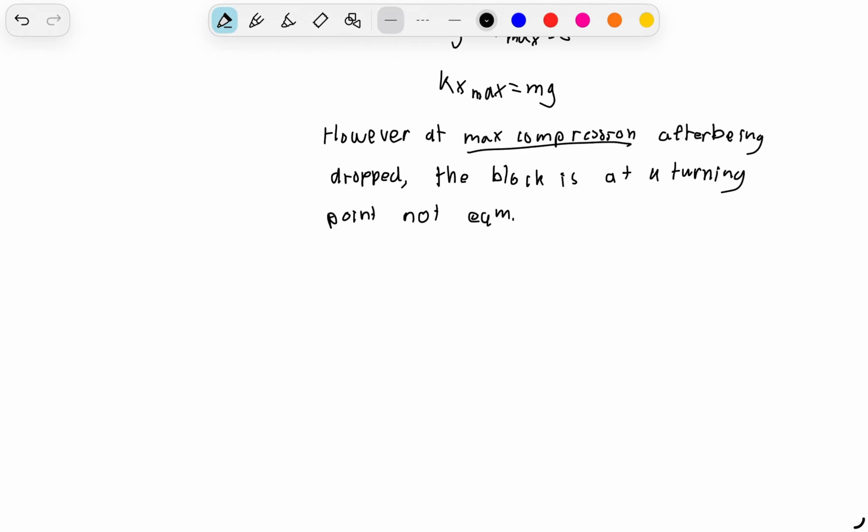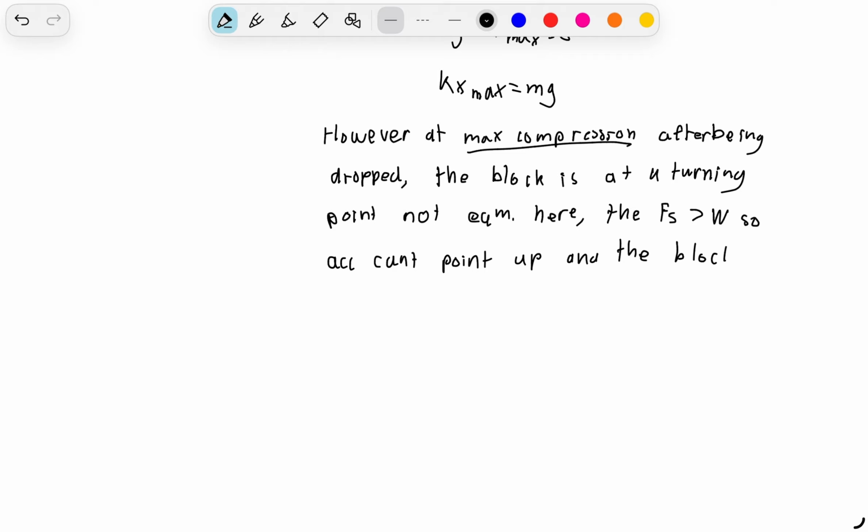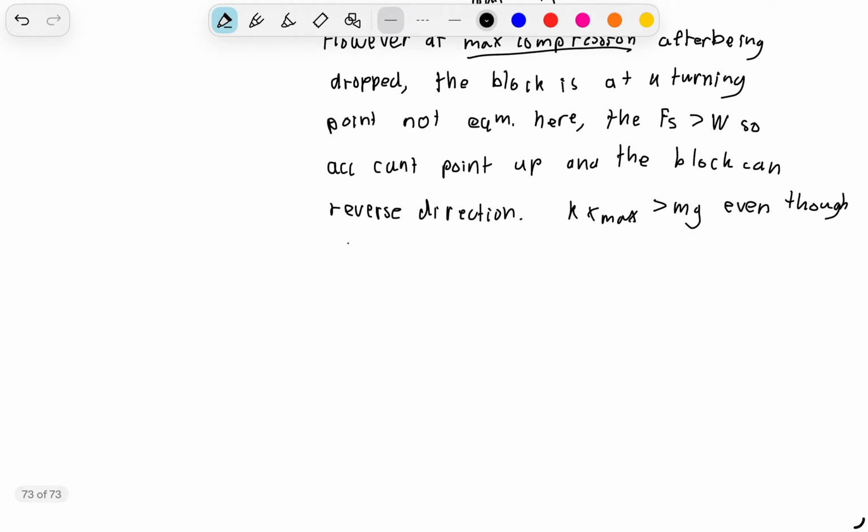And again, when we are at max compression, F_s has to be greater than the weight so that our acceleration can point up and the block can reverse direction. Therefore, that's how we know k x max is greater than mg, even though v is equal to 0, the acceleration is not 0.